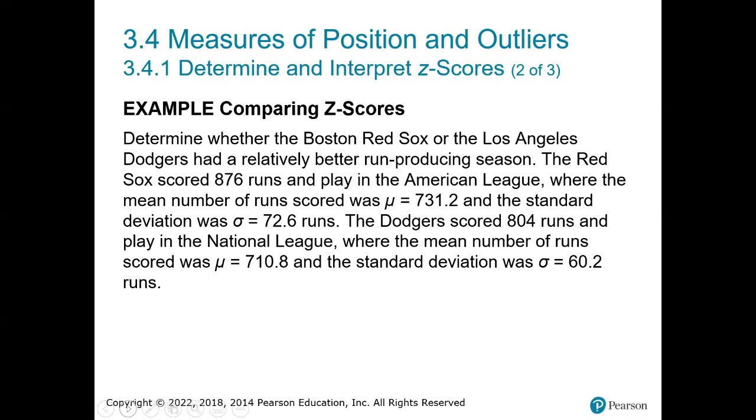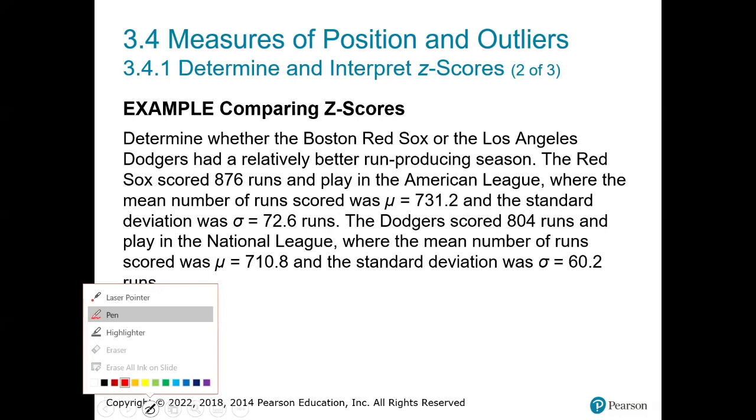The Dodgers scored 804 runs and play in the National League, where the mean number of runs was lower at 710.8 with a standard deviation of 60.2 runs. Because they are in different leagues, I cannot just compare them because they have a different overall mean and standard deviation for their group.